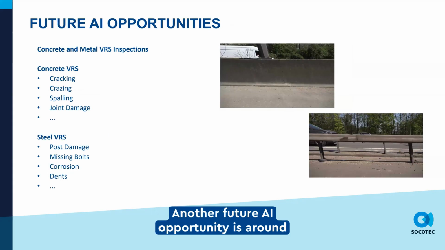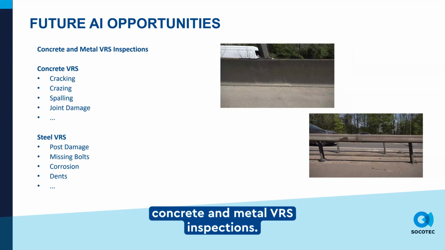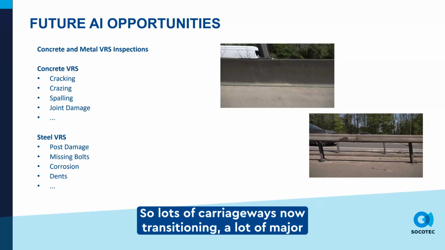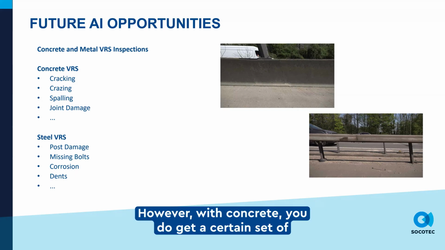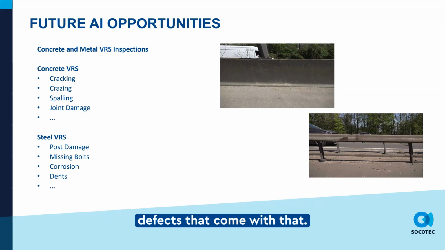Another future AI opportunity is around concrete and metal VRS inspections. A lot of major trunk road carriageways are now transitioning to concrete barriers. However, with concrete, you do get a certain set of defects that come with that.